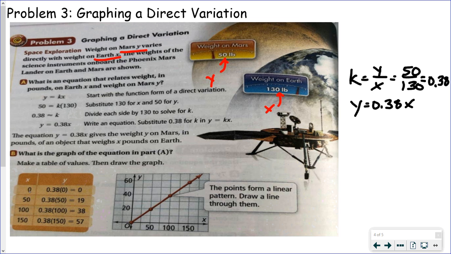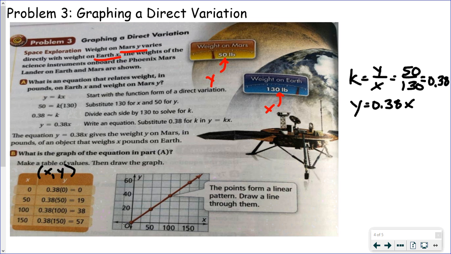Now notice there are no negative x values here because x represents the weight on Earth, and you can't have a negative weight. So that's why you only see positive values here and 0. Once you have those values, the x values they just made up, they plug them into the equation to get the y values. Once you have that, then you have the x, y ordered pairs that you can graph.